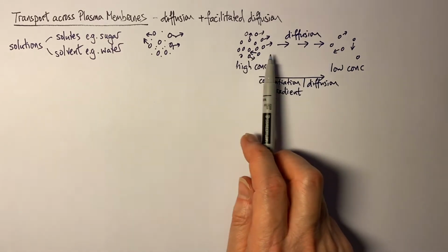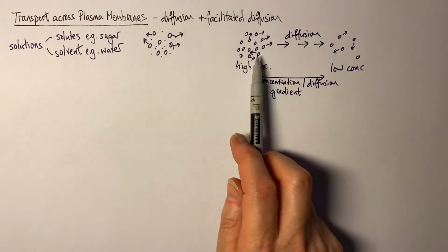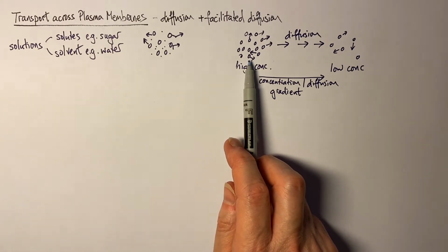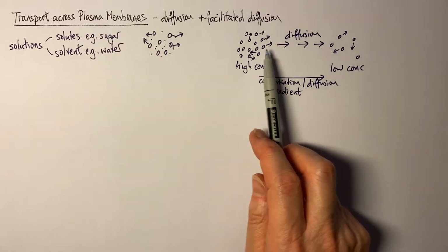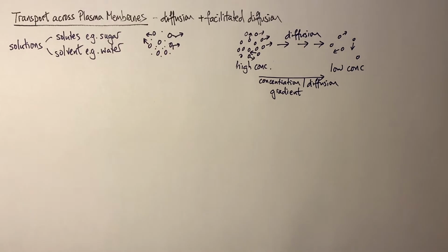If these two concentrations are very similar, this is only slightly higher than there, then the diffusion gradient is not as steep. It's not as great. And that means diffusion will take place at a slower rate. It'll still happen, but at a much, much slower rate.